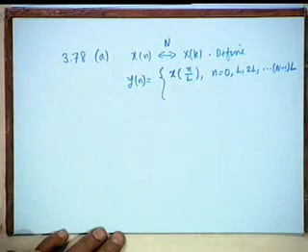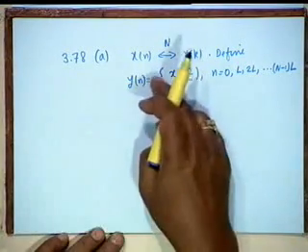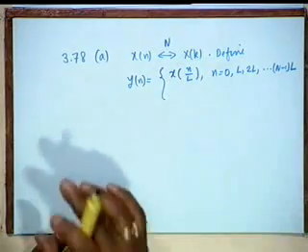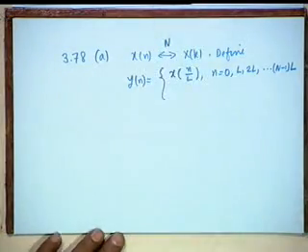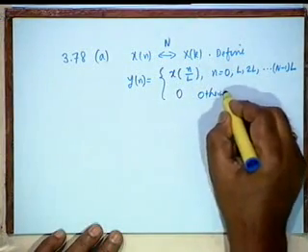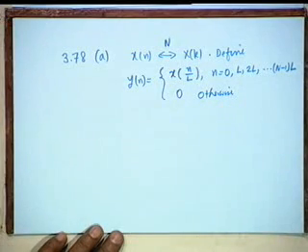Why didn't you take plus minus? Because x of n is one sided, it's a finite sequence, starts at 0, ends at capital N minus 1, and is 0 otherwise. Upsampled version.